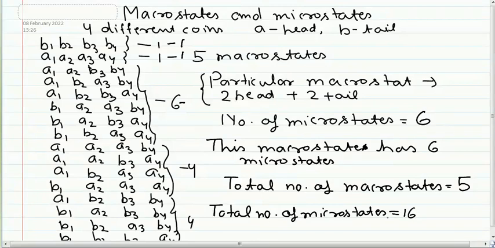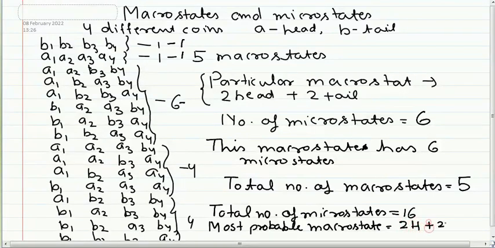Now if we want to calculate the most probable macrostate, which is the most probable macrostate? The one with the most microstates will be the most probable. Yes, 2 head plus 2 tail. Now what will be the probability of this?